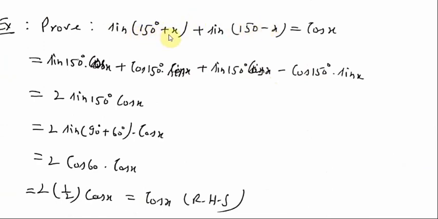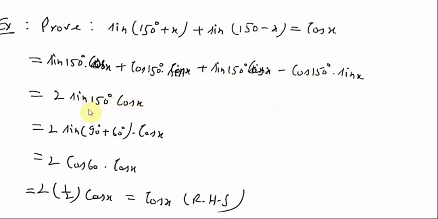So we get sine 150 degree into cos x plus cos 150 degree into sine x plus sine 150 degree into cos x minus cos 150 degree into sine x. This is positive and this is negative, so these two cancel, and sine 150 into cos x comes two times, so we take twice sine 150 into cos x.